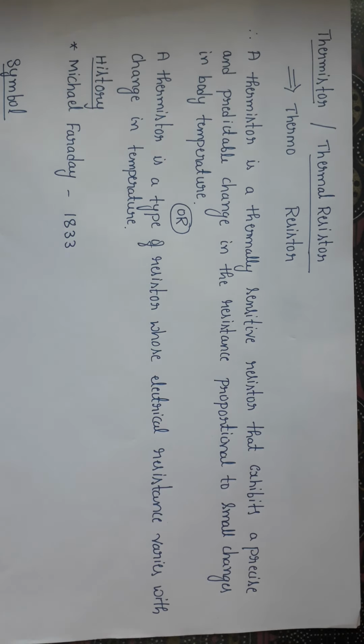Michael Faraday was doing research on semiconductors such as silver sulfide. While conducting research on silver sulfide, he observed that the temperature varies with the resistance, in an inversely proportional manner. Let us discuss that in the next cases. In silver sulfide, he observed the relation between the temperature and the resistance, and there he discovered the device called the thermistor.